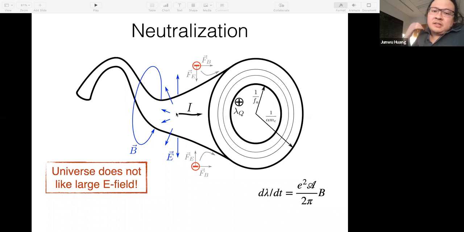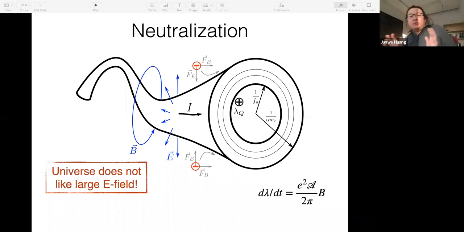So what this does is that though we work very, very hard to set up a system where I have a string core which carries both charge and current, the universe automatically does exactly the opposite of what we wanted to do. It sends the negative charge to cancel exactly the charge over density that you develop at the string. Okay.